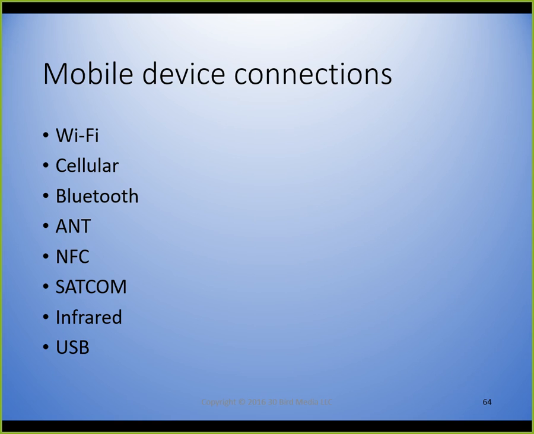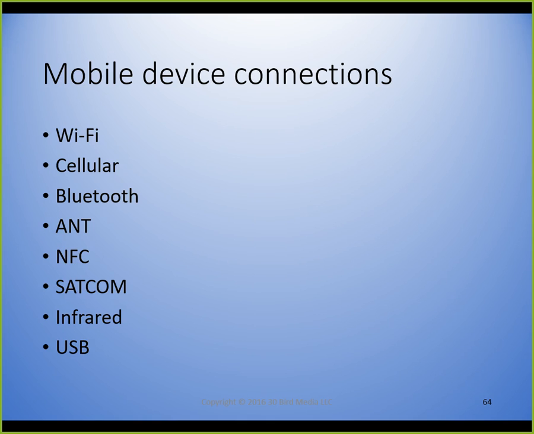SATCOM, satellite communications, generally going to be a state type of attack, because I'm not going to attack a satellite because I don't have the equipment, but other states, state sponsored, would be able to do that.